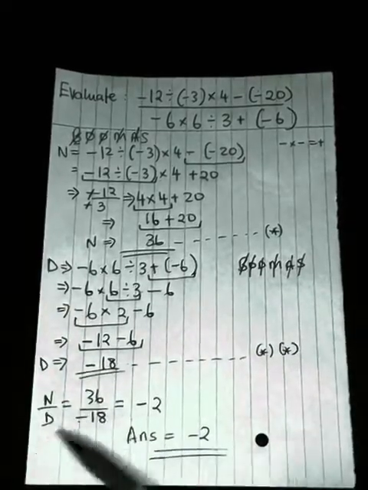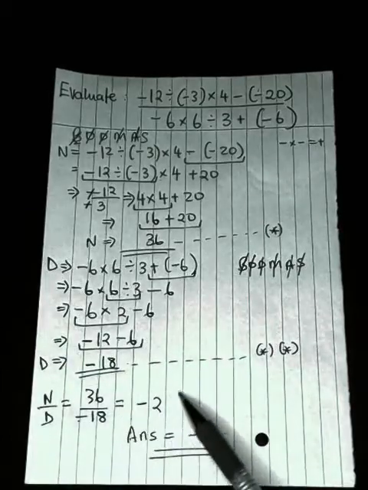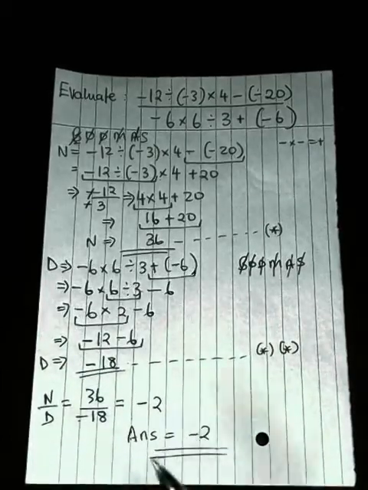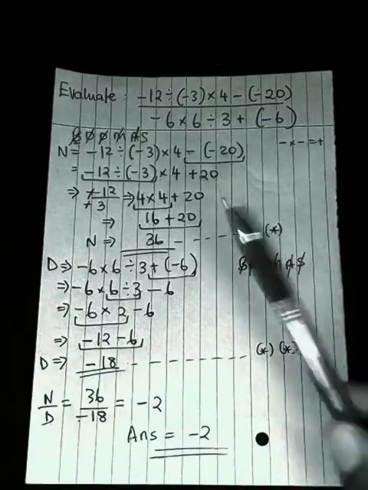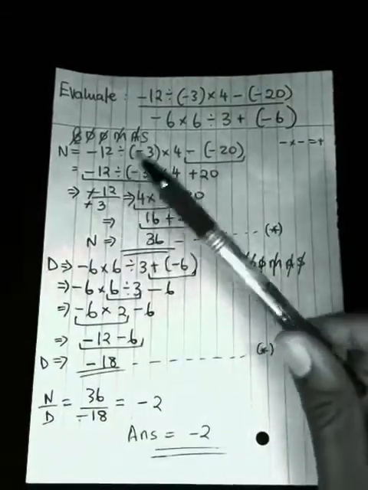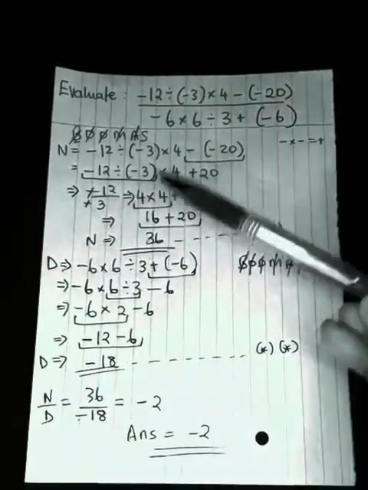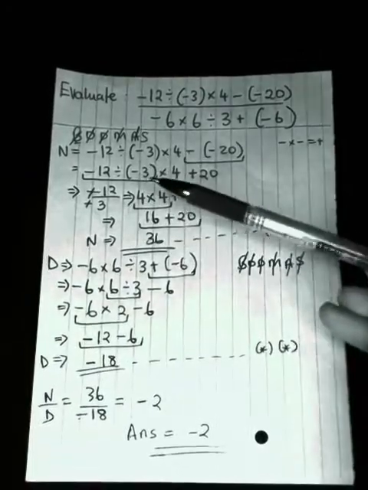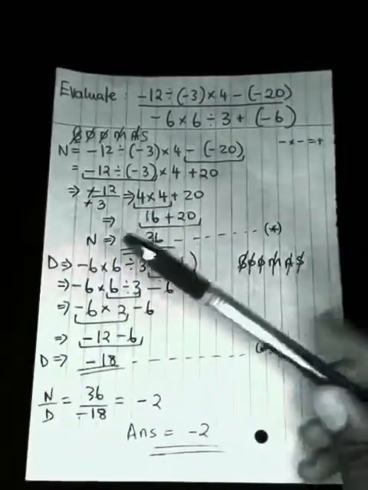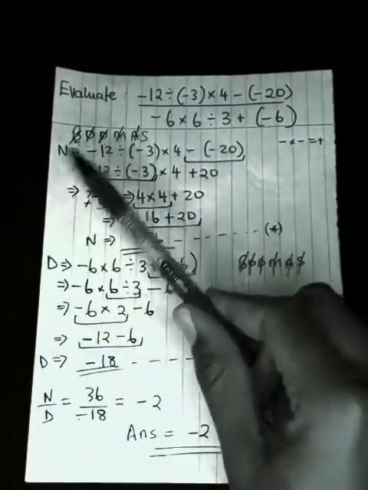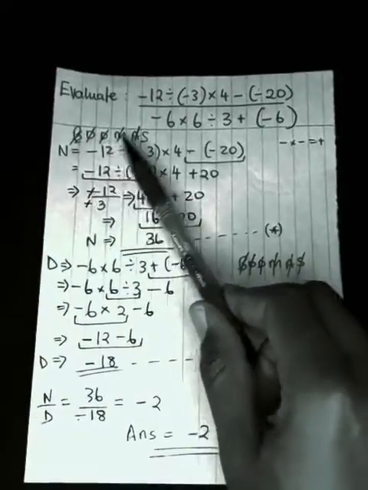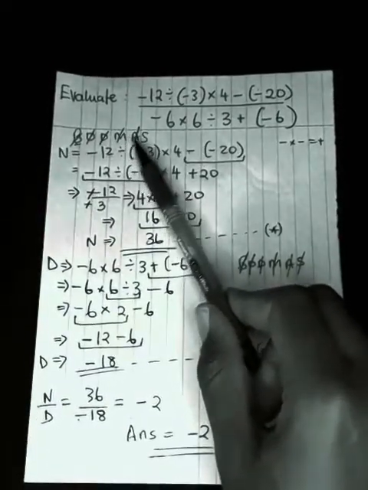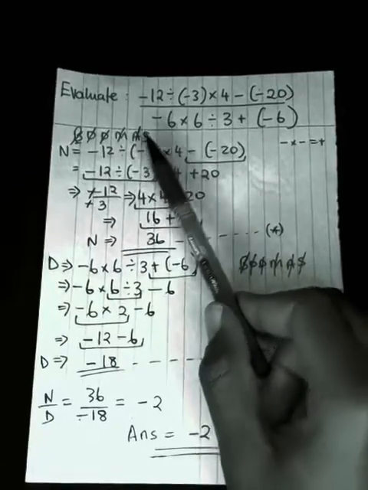Then you combine the two, which will lead to the final answer. But you remember, viewers, that you are to apply the concept of BODMAS in each step. As you start, you check whether there's brackets, of, division, multiplication, addition, or subtraction.